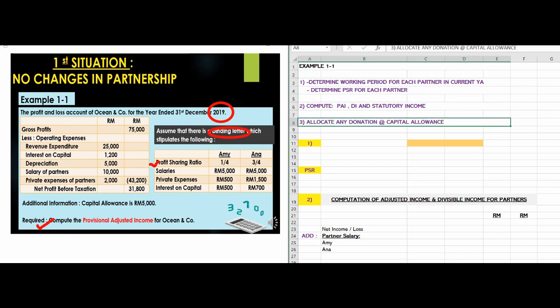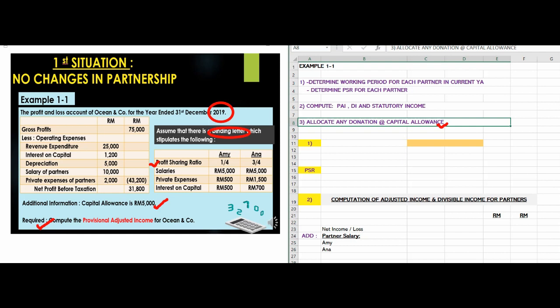And number 3, you have to know how to allocate any donation if there is any information. So let's find out, is there any information regarding donation? Gross profit, operating expenses, revenue, expenditure. So there is no information regarding donation, but there is information regarding the capital allowance here.